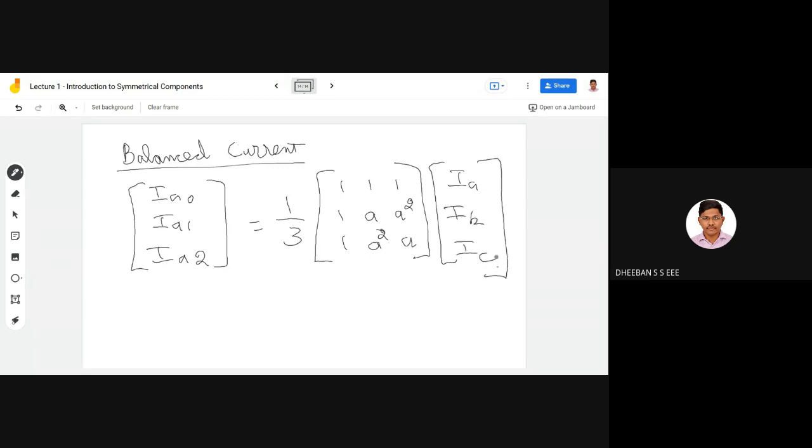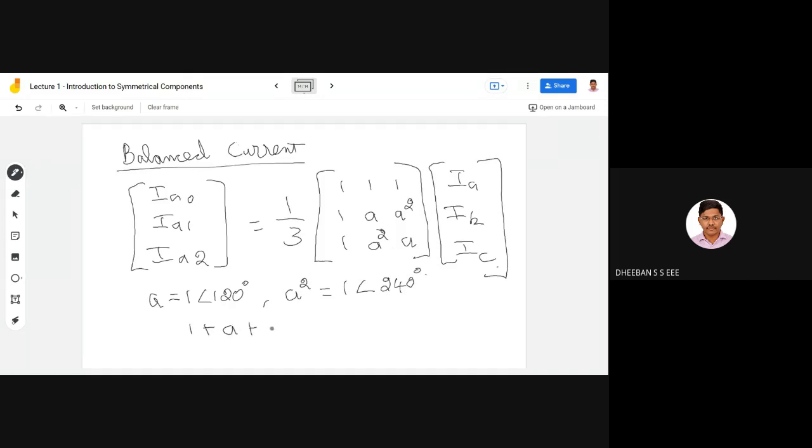So this is the value of your balanced current, and over here a will be equal to 1 at an angle of 120 degree, and a square will be equal to 1 at an angle of 240 degree.